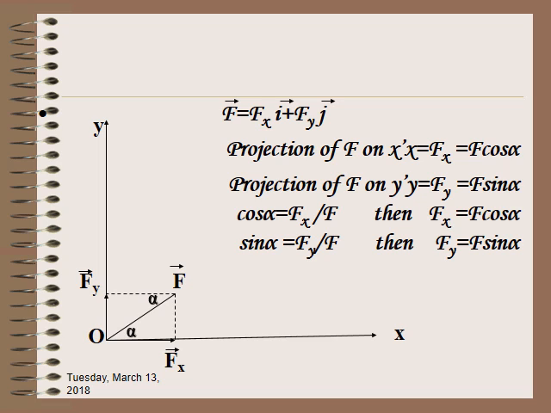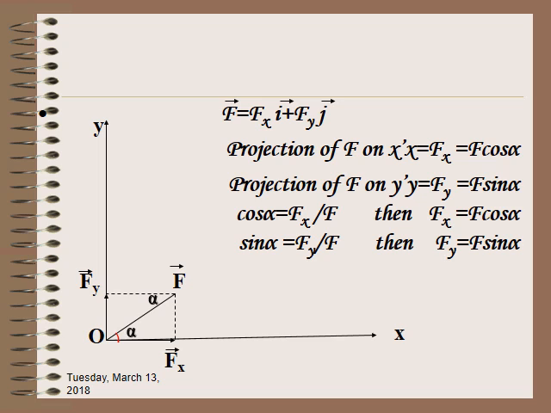Projection of F along the x-axis and along the y-axis: Fx along the x-axis, Fy along the y-axis. To find Fx and Fy, cosine alpha is equal to adjacent over hypotenuse.